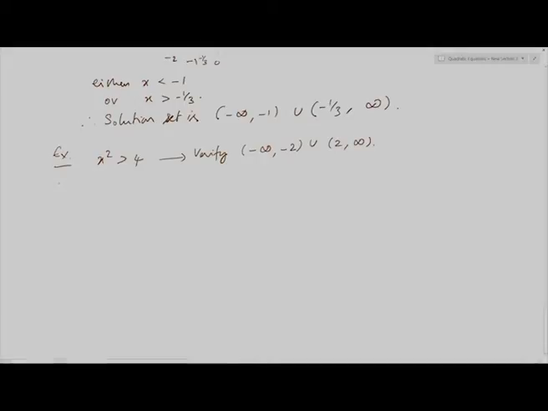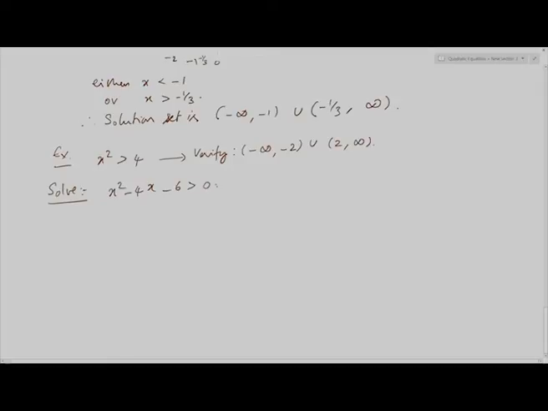And now let me go to another quadratic inequality. Solve. So this is the solution set of this given inequality. Now solve this quadratic inequality, x square minus 4x minus 6 greater than 0.